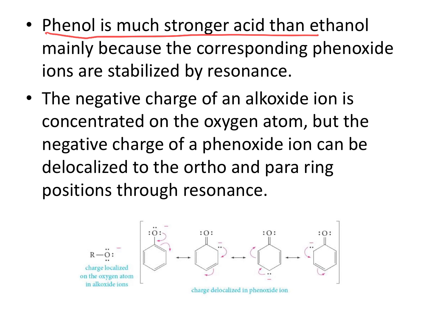So if you have a weak acid, the corresponding conjugate base would be strong. Do you remember? Just like the previous slide. So now I'm telling you, phenol is much stronger compared to ethanol and alcohols in general because its corresponding conjugate base is really stable.